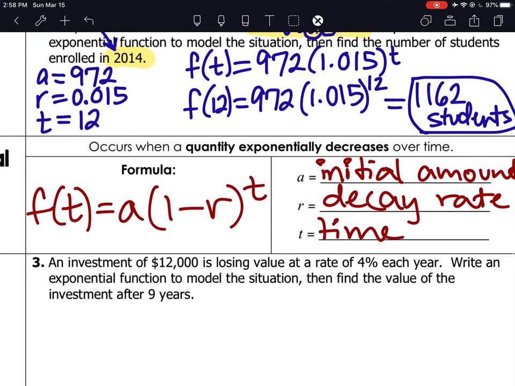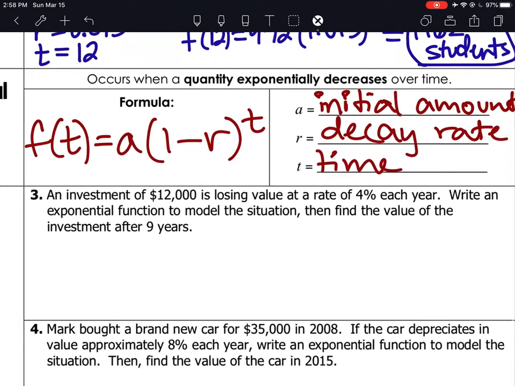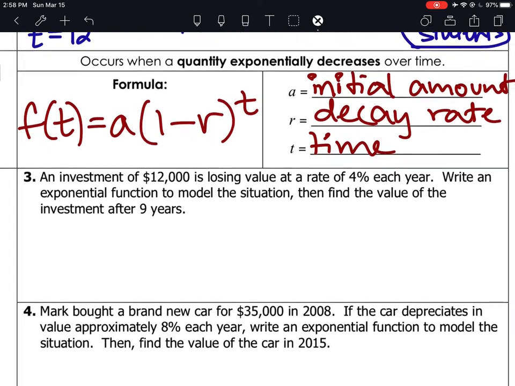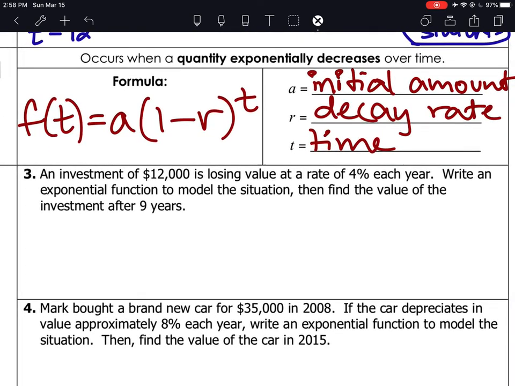Next, we're going to talk about exponential decay. An exponential decay is when a quantity exponentially decreases over time. So this formula happens to look very similar to the other one, where A is still the initial amount, R is the decay rate in decimal form, and then T is time.